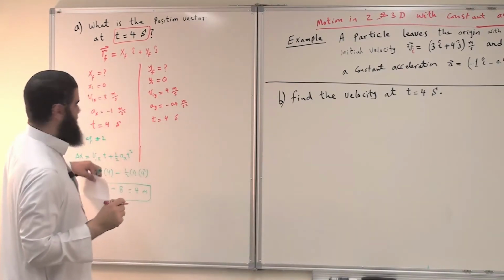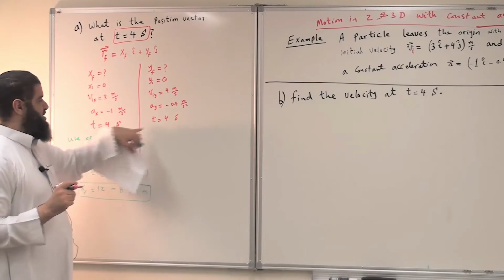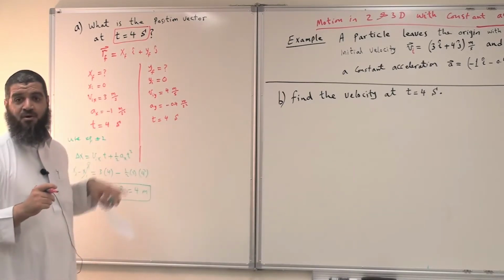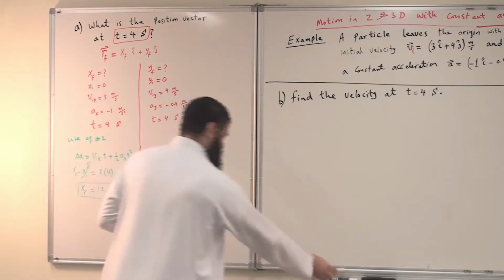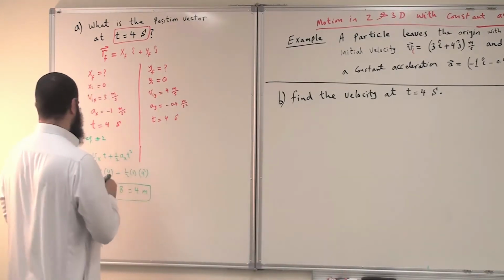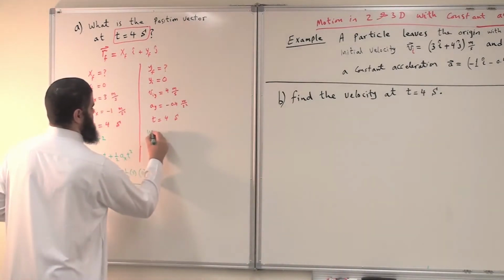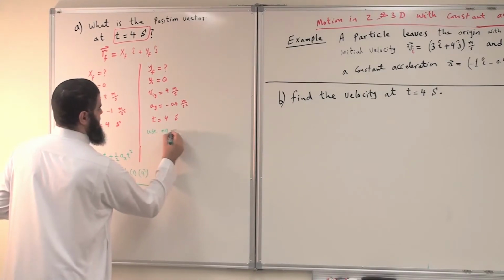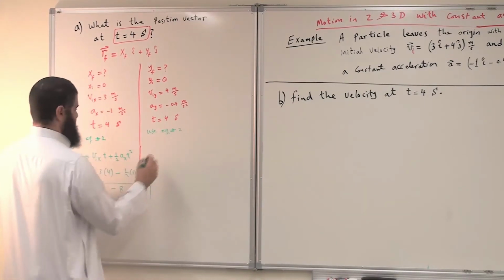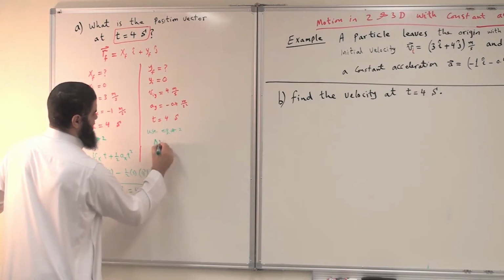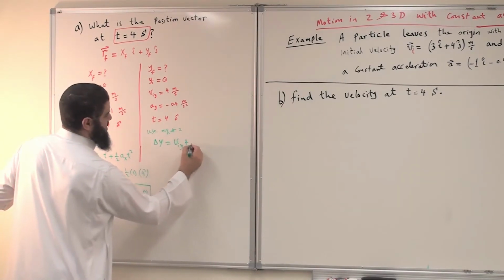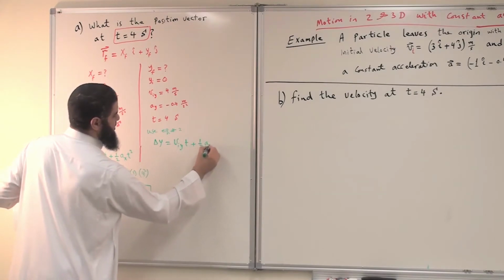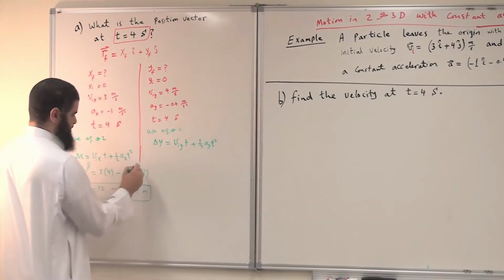And this is what I told you before, that the time is common in all components of my equations. Similarly, we will use equation number 2. Equation number 2 says delta y equals v initial y t plus 1/2 a y t squared.